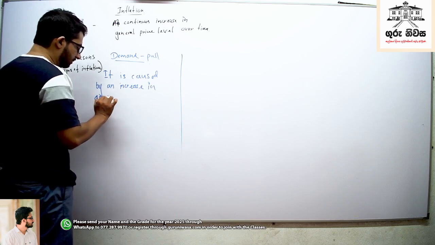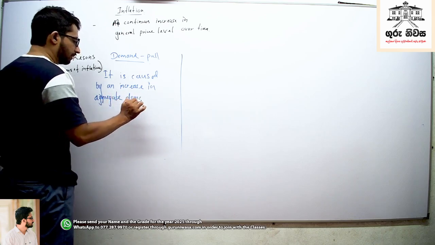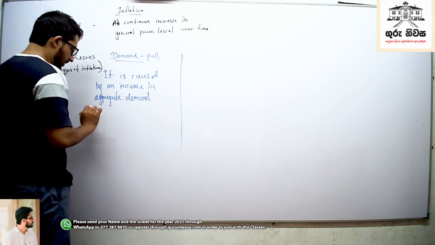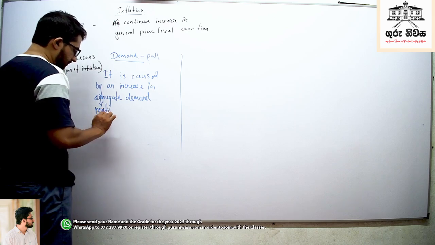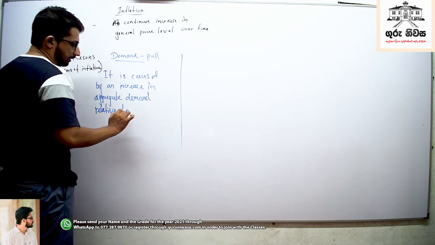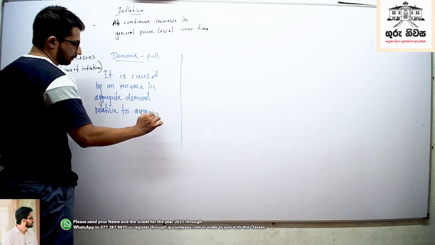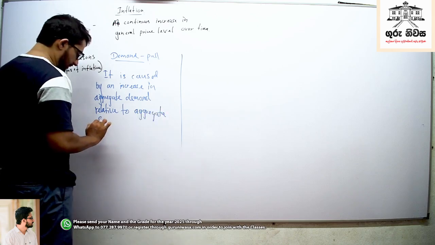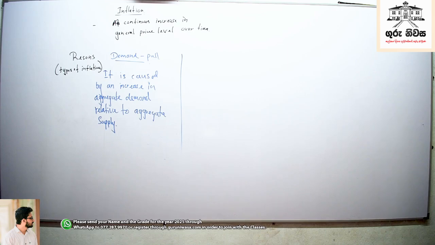That is a word, remember, aggregate demand, relative to aggregate supply. Okay, so I'm writing it now. Yeah, give me one minute. I'll explain and I'll give you time to write it down.